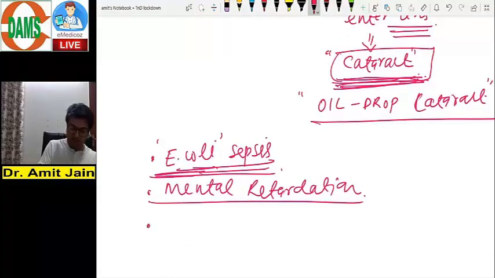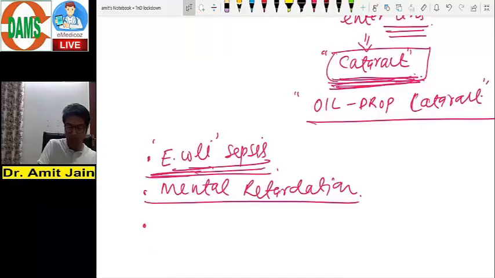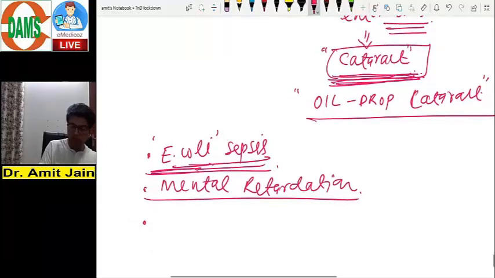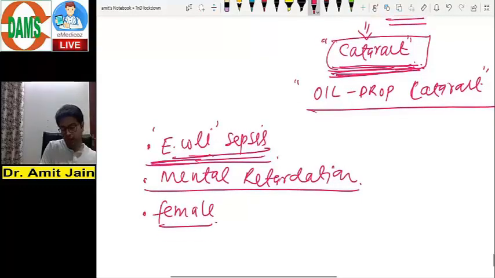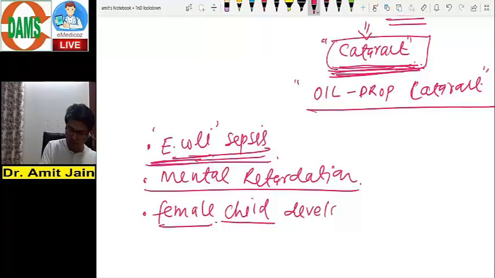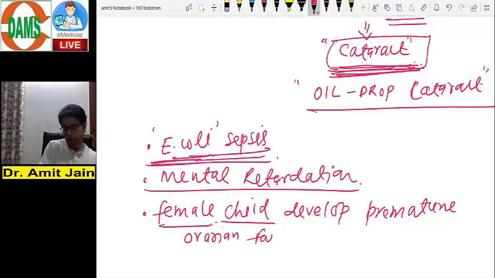Then this baby, female baby, right? By rule, this is also one of the important features. So the female child will later on develop premature ovarian failure.